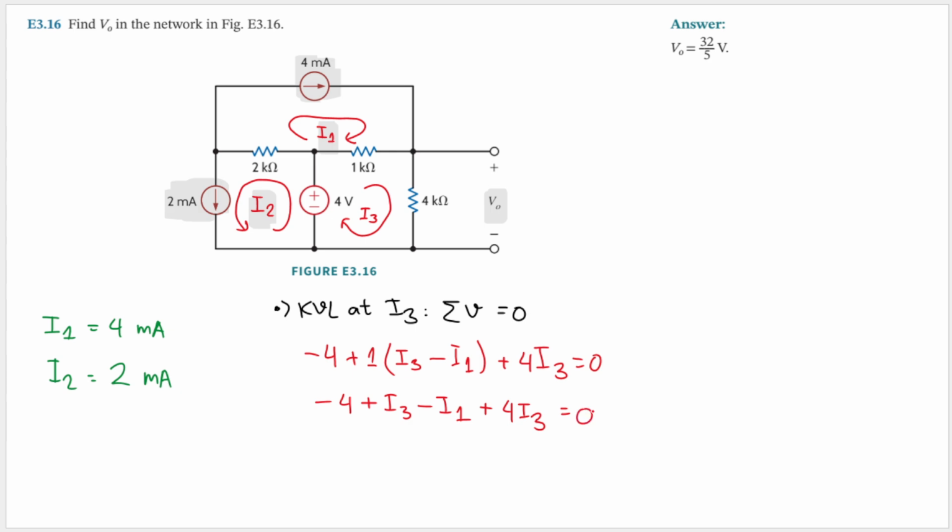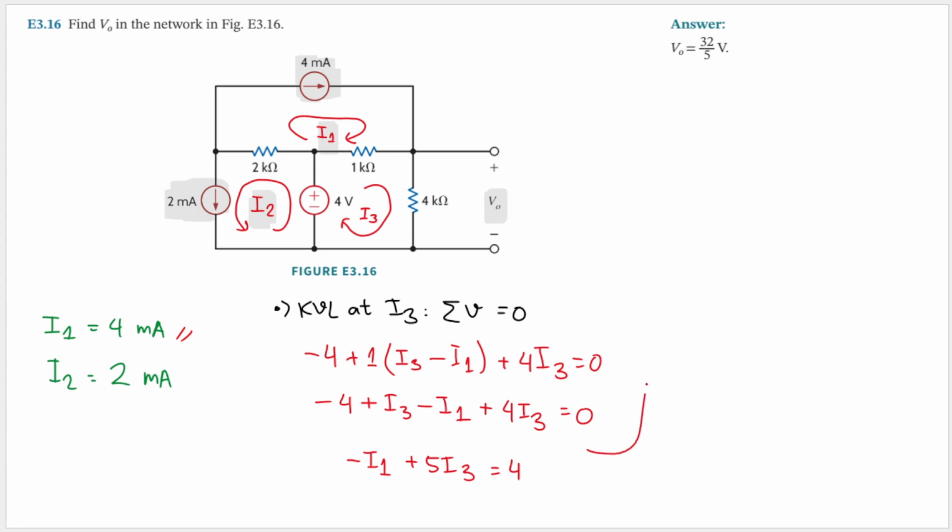Good. Now let's do another simplification. So we can rewrite this as minus I1 and then plus 5I3, because 1 plus 4 is 5. And let's move this minus 4 to the right hand side. So we will have 4 here. Good. But then we know that I1 is 4 milliampere.